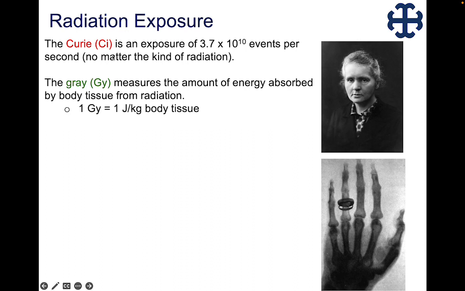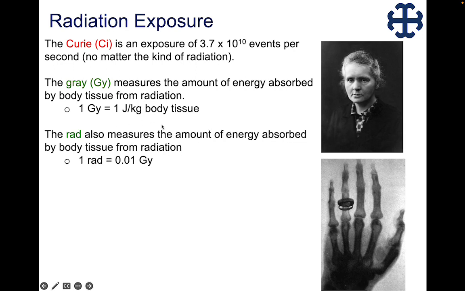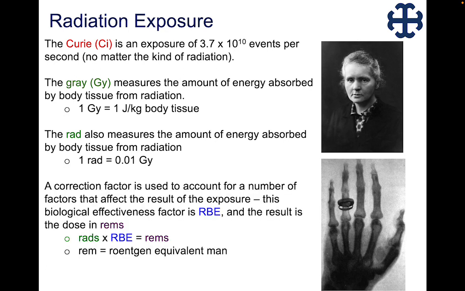We also have a gray, which measures the amount of energy absorbed by body tissue. So 1 gray is 1 joule per kilogram of body tissue. We also have rads, which are essentially a centigray. They are still an amount of radiation absorbed by body tissue.